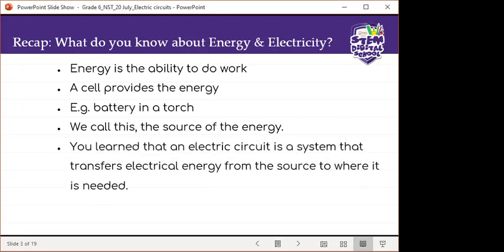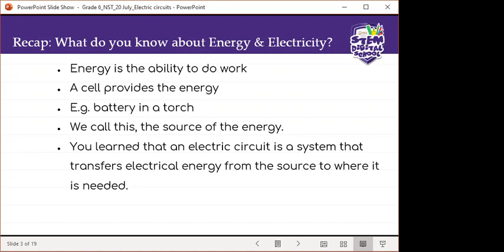Okay, and we've also learned that an electric circuit is a system that transfers electrical energy from the source to where it is needed. Okay, so Shakira said that electricity is a form of charged particles. So those charged particles are transferred from the source to where they are needed.